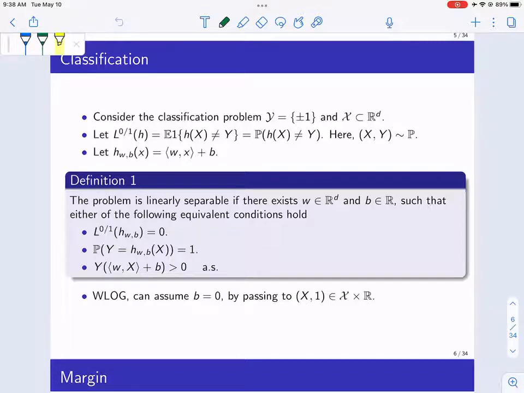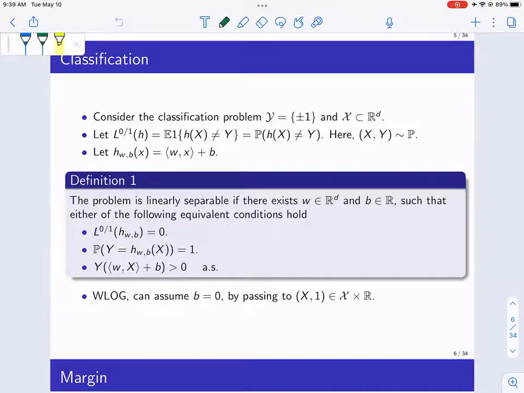The distribution that the data is generated from is linearly separable if there exists a hyperplane. In other words, there exists one of these h's such that the probability that y is equal to h(x) is equal to 1. In other words, the 0-1 loss is 0 for that hyperplane.